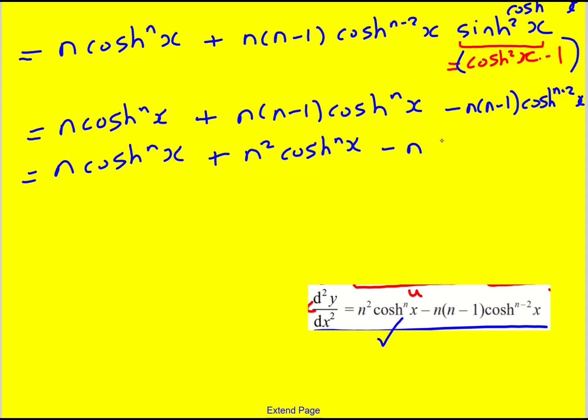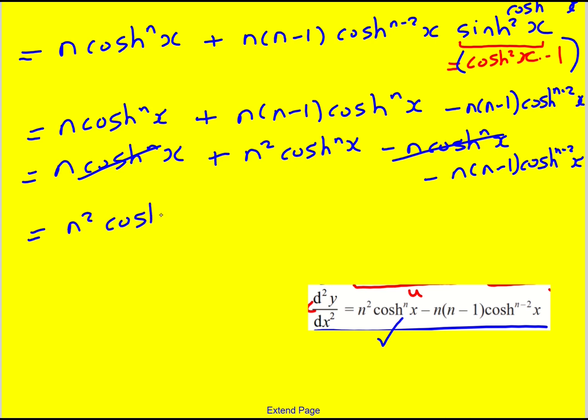Then a minus n cosh n x, which actually is going to cancel with this one. And then we've got minus n. And so it kind of just comes together and you sort of start looking at the final answer. And we're there. n squared cosh n x minus, don't expand that one.